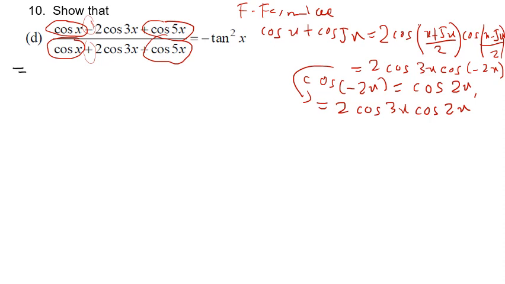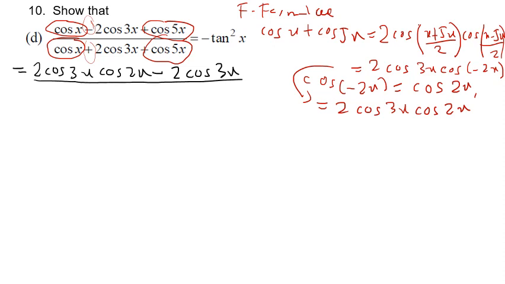So here we substitute 2 cos 3x cos 2x minus 2 cos 3x, and below 2 cos 3x cos 2x plus 2 cos 3x.